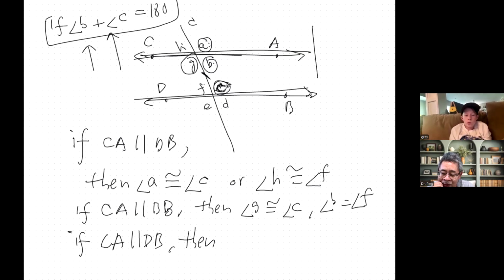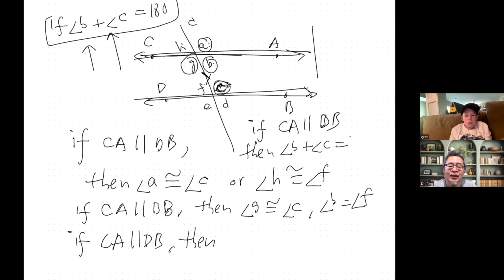Then if CA is parallel to DB, alternate interior angles are congruent. We have that. And if CA is parallel to DB, then we know B plus C will be 180. Good? Are we good here?